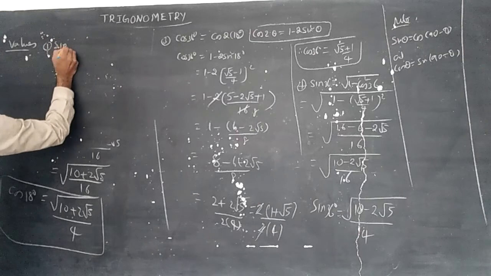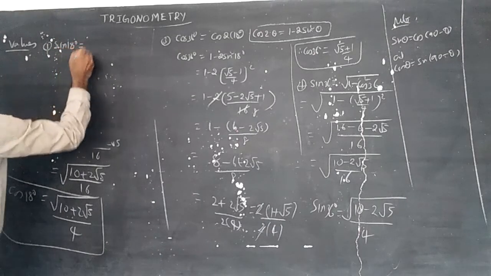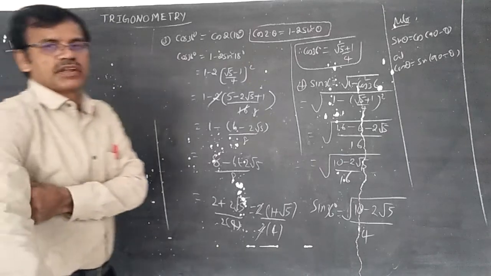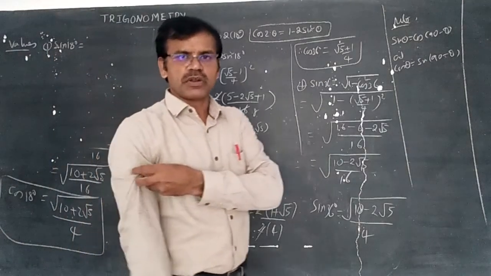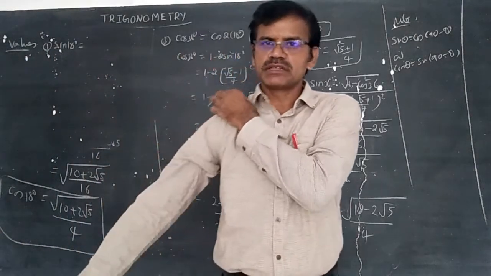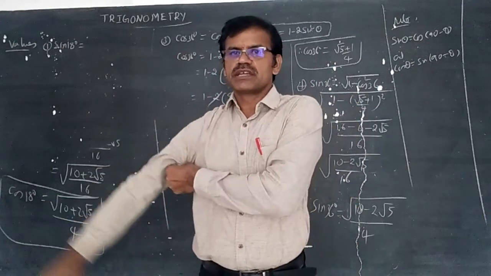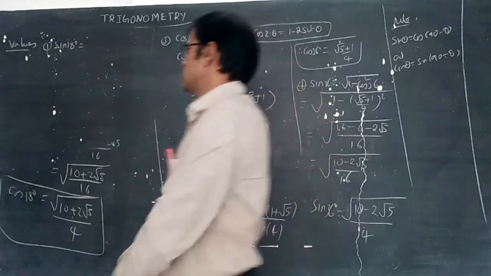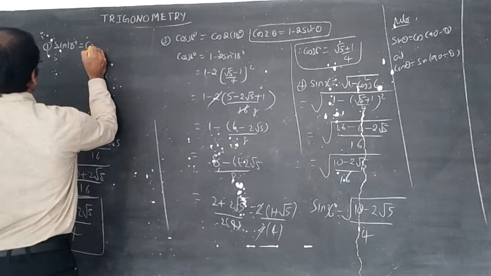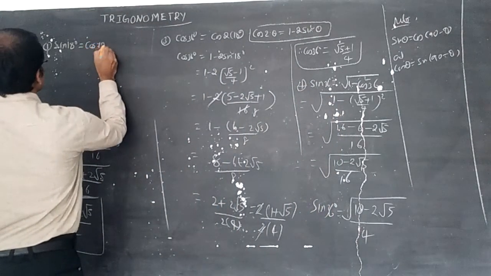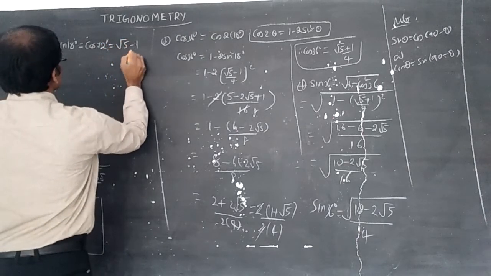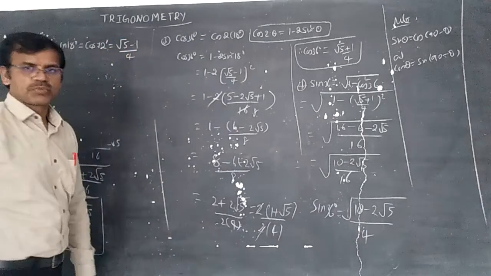First one, sin 18 degrees: whenever sin theta is equal to cos 90 minus theta, so sin 18 you write as sin of 90 minus 72. Sin of 90 minus 72 gives cos 72. So sin 18 degrees is equal to cos 72 degrees is equal to (root 5 minus 1) by 4.